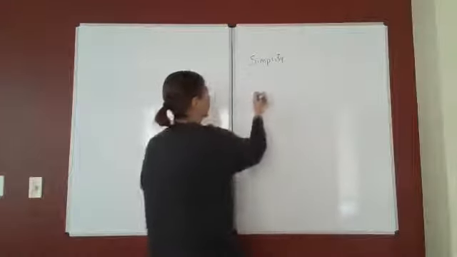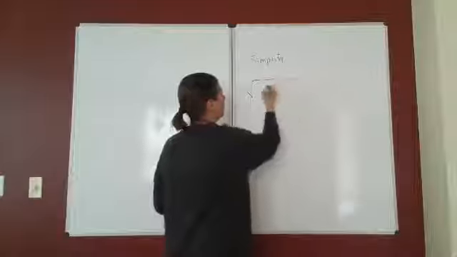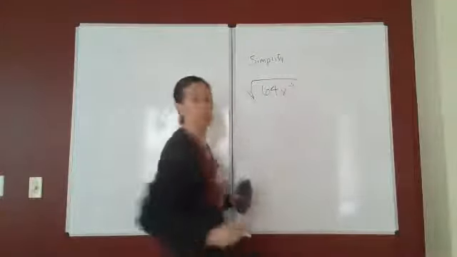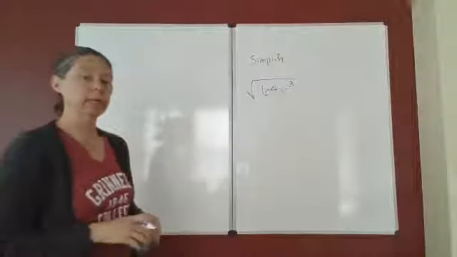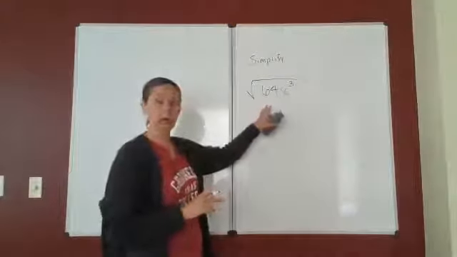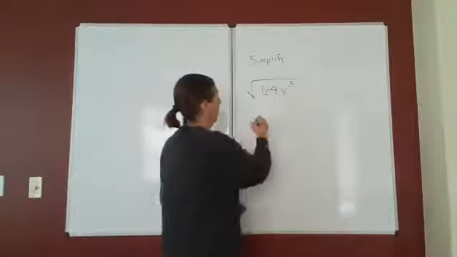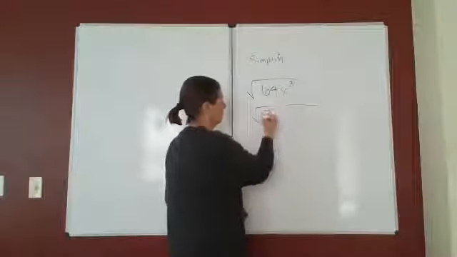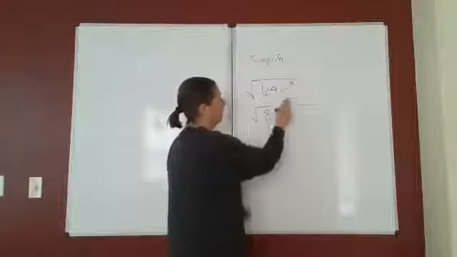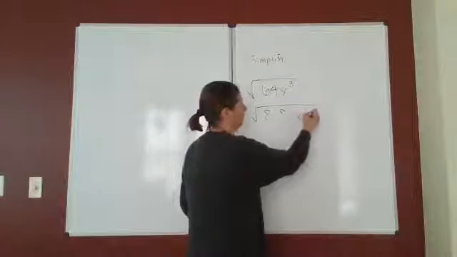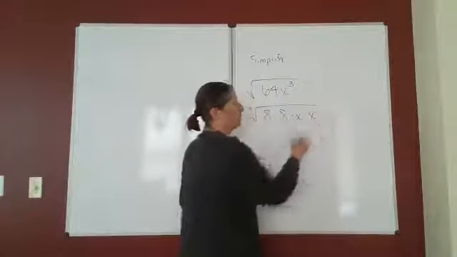Let's simplify the square root of 64x cubed. So we know from doing our work on perfect squares that 64 is a perfect square of 8 times 8. And then we know that x cubed is made up of x times x times x.